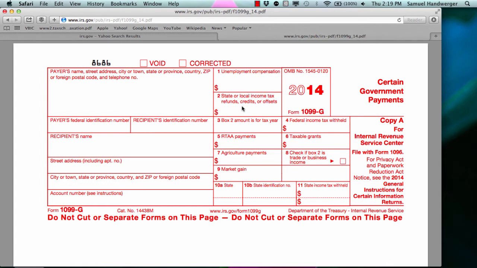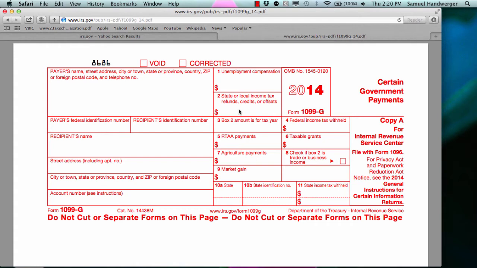And here in box 2 are refunds of state or local income taxes so that they can tell the taxpayer, hey, you received money back as a refund or a credit or an offset of some sort, and so therefore you know to pick that up and perhaps report that as income under the tax benefit rule.